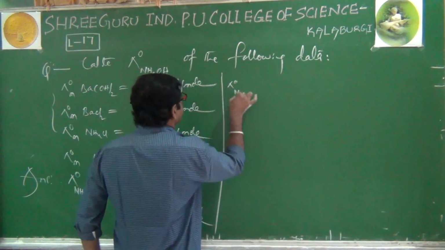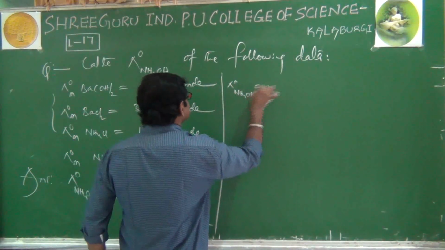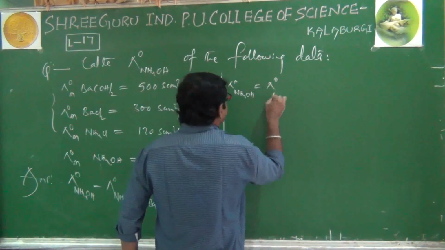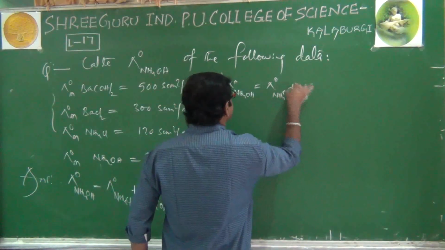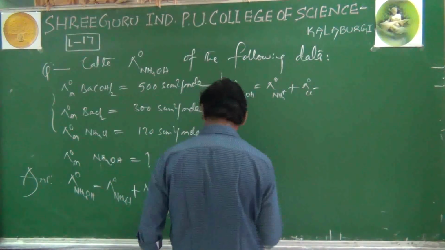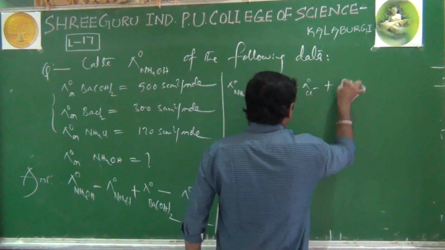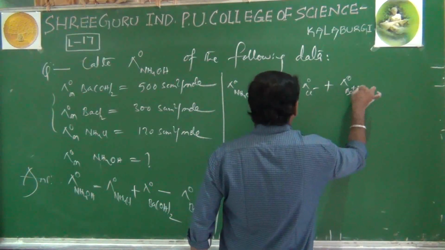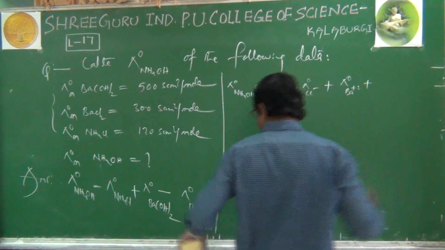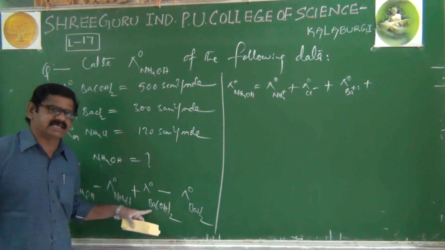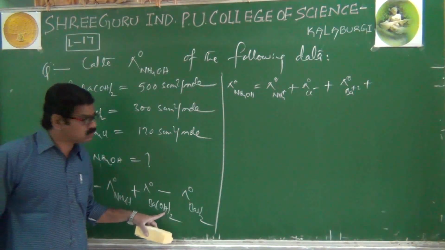Lambda naught ammonium hydroxide is equal to lambda naught NH4 plus, lambda naught Cl minus, plus lambda naught Ba 2 plus. Then it splits as Ba 2 plus and 2 OH minus.